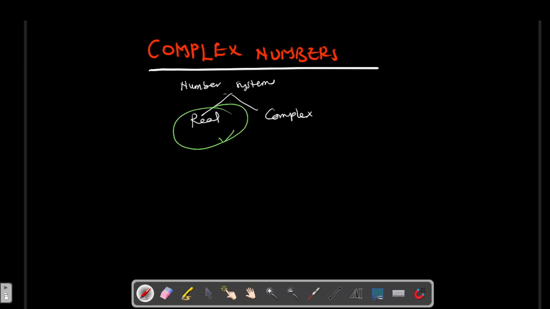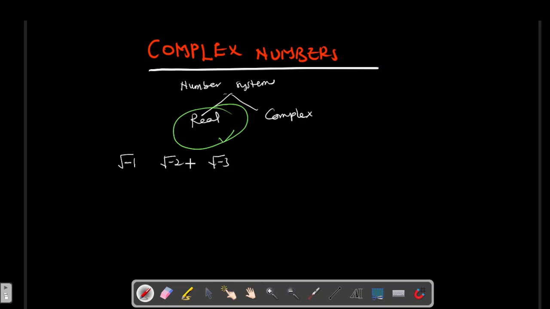Now, if you want to look at complex numbers, in our quest to find the value of square root of -1, square root of -2, square root of -3, and so on and so forth, we realize that it's very difficult to classify any of these numbers under real number systems.